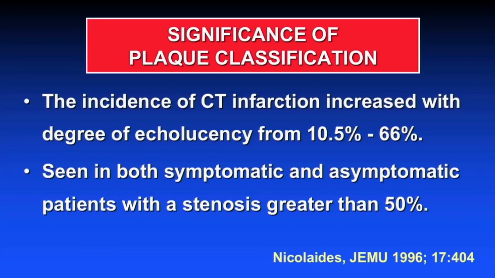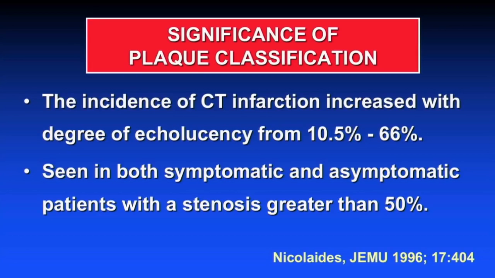How do we know this? Well, there have been outcome studies which have been performed. Nicolaitis classified plaque into the four different types that I've told you about and followed them for a little more than a year. All these patients had more than 50% flow-limiting stenosis. But the differentiator between them was the heterogeneous or homogeneous plaque.